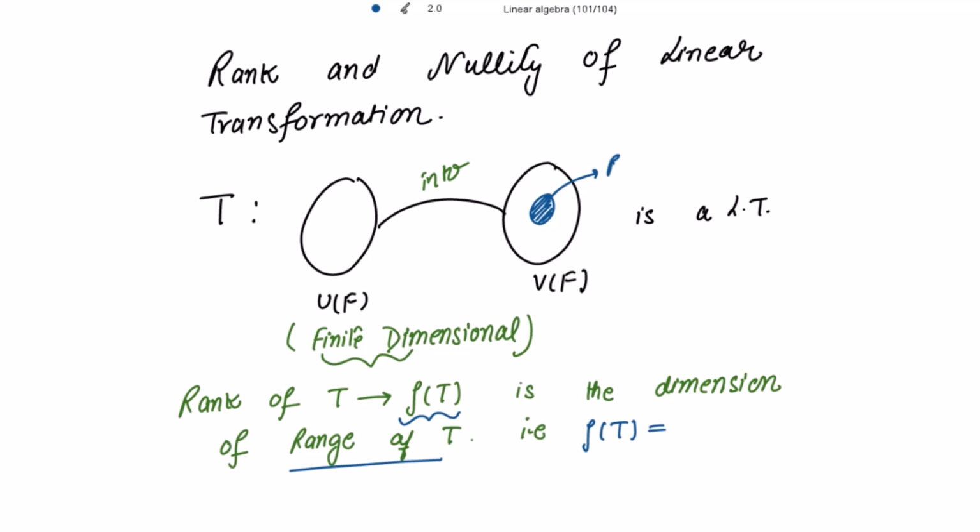The range of T is a subspace of V(F). It is finite dimensional because U is finite dimensional. So what is rho(T), that is, what is rank T? It is the dimension of the range of T.